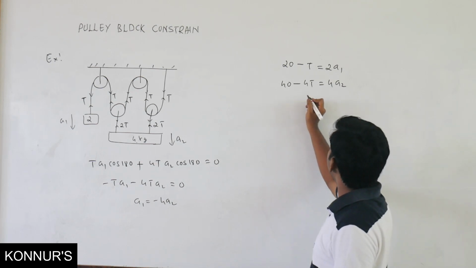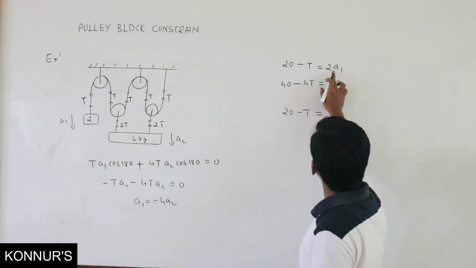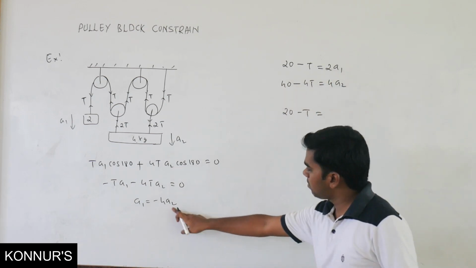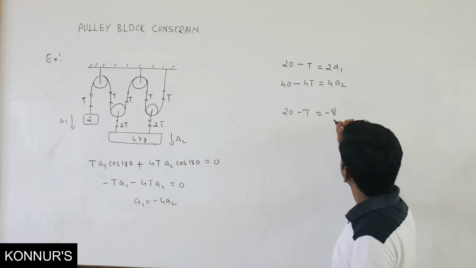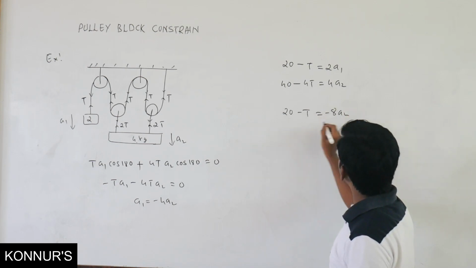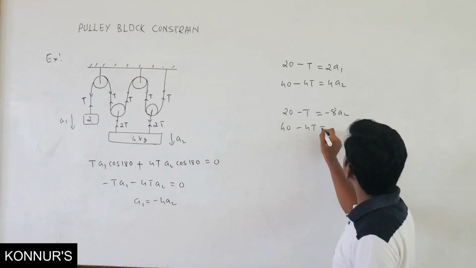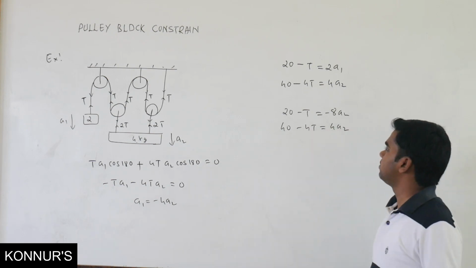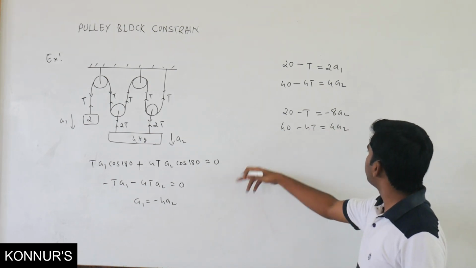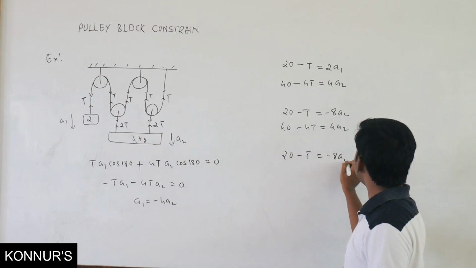So how can we solve this one? 20 minus T equals 2a1. a1 means minus 4a2, so this will become minus 8a2. Here 40 minus 4T equals 4a2. Now you can take 4 common over here, so you can solve these equations. 20 minus T equals, you know how to solve the equations.